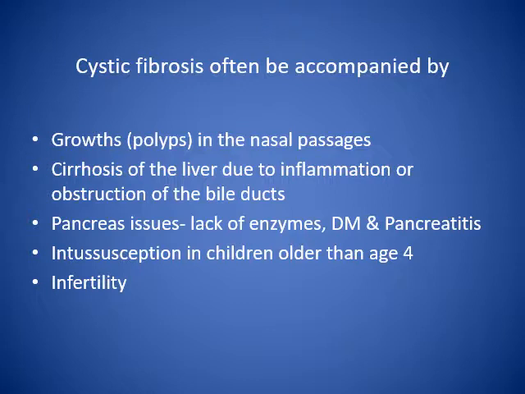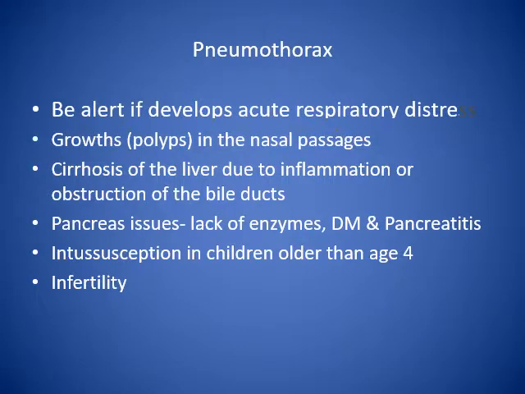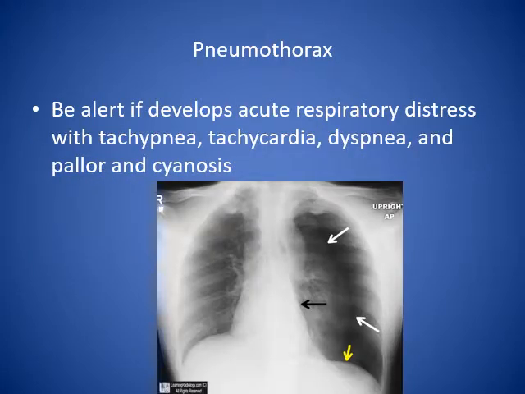Sometimes children will have intussusception because of the GI complications, and infertility can sometimes be a result. Then there's pneumothorax. A pneumothorax is a collection of air that will collapse an area of the lung. You'll have absent breath sounds when you listen to them. Sometimes this can happen in children with cystic fibrosis because of the thickness of the mucus and the clogging.